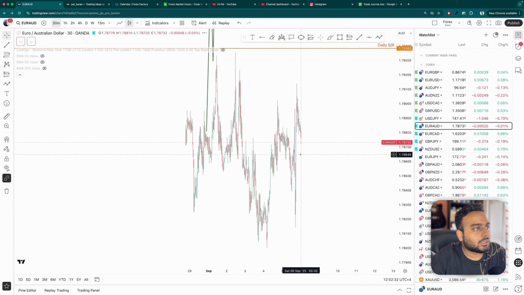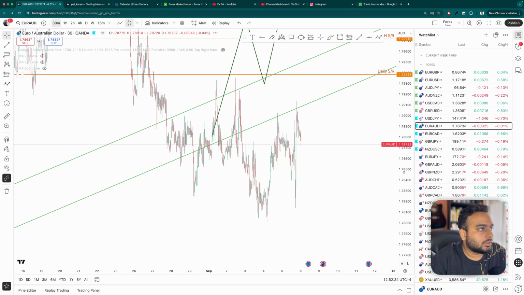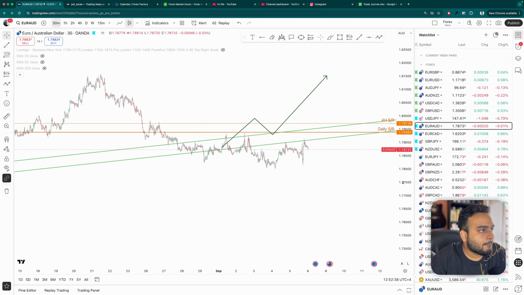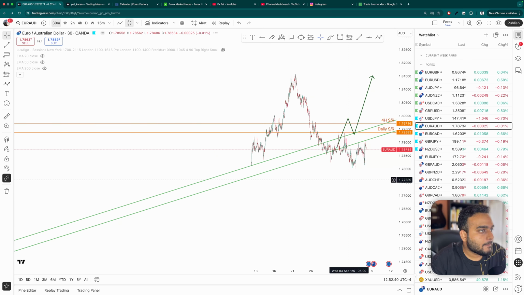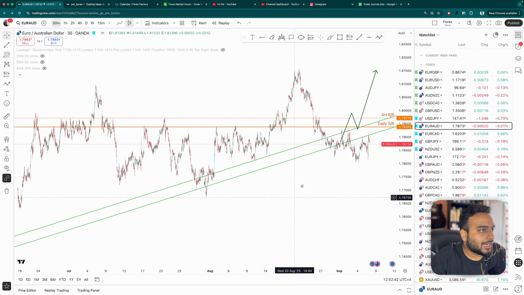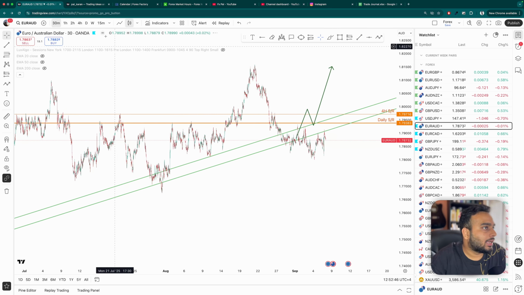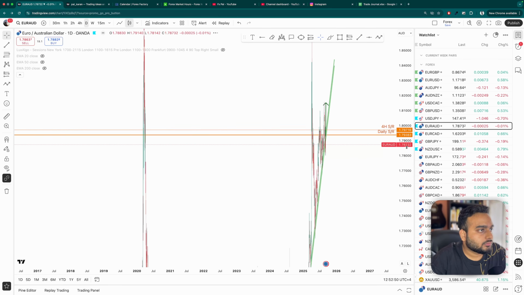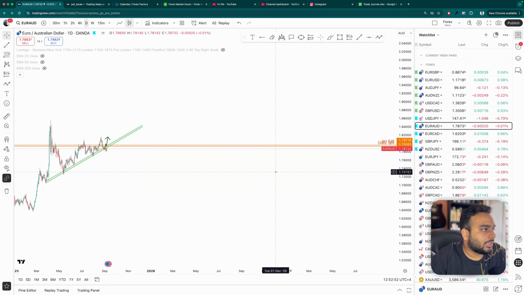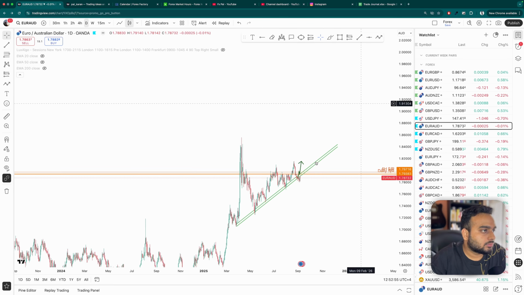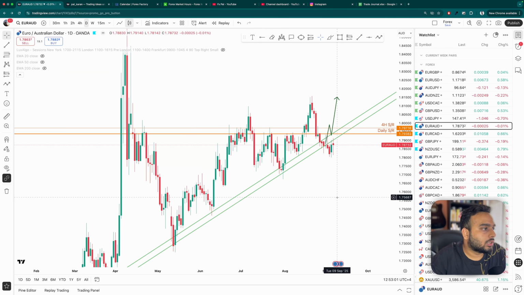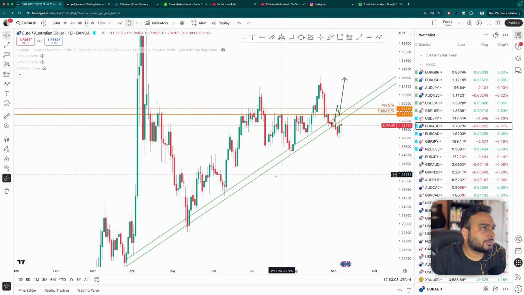Now let's look at Euro AUD. Okay. You see the price action, I have a trend line already marked here. Okay. On the daily, we have some support and resistance as well as on 4 hour, and then we see a trend.